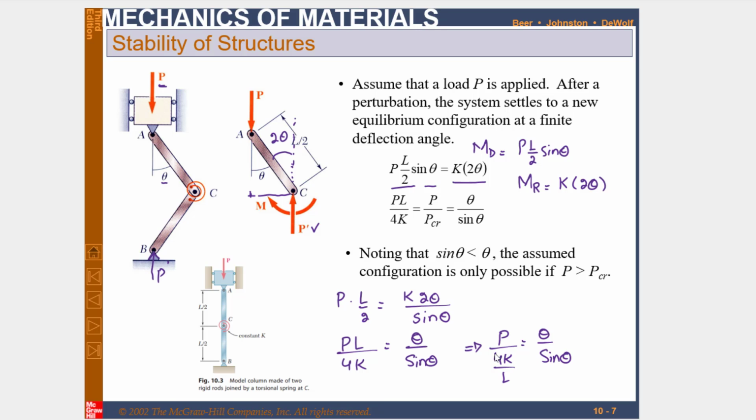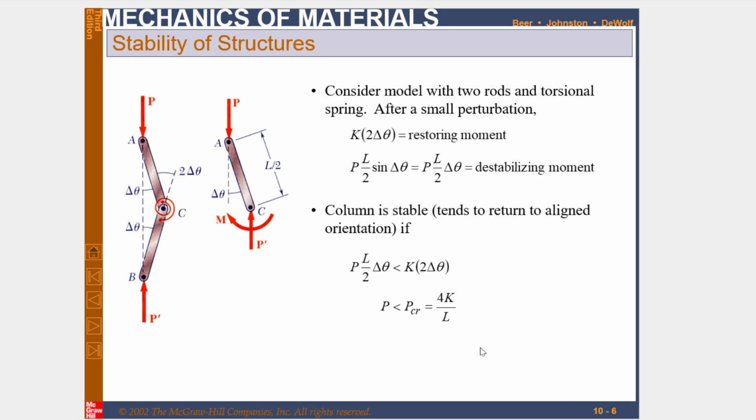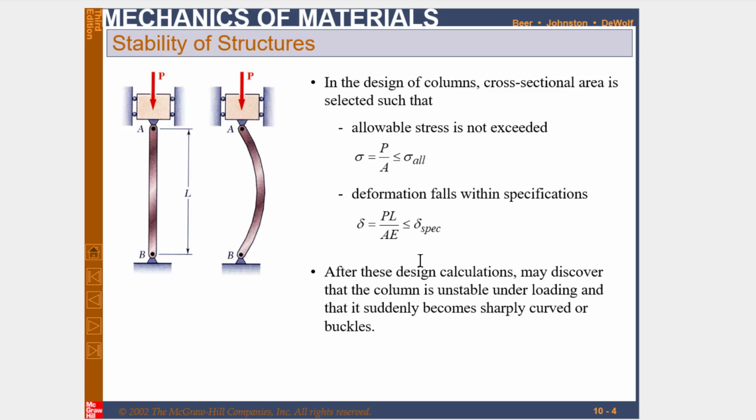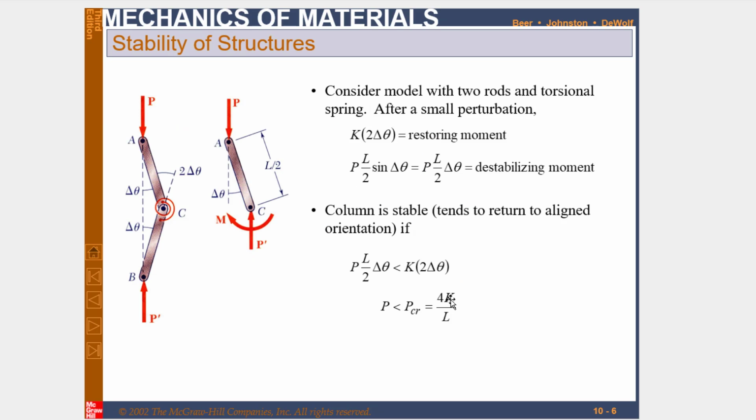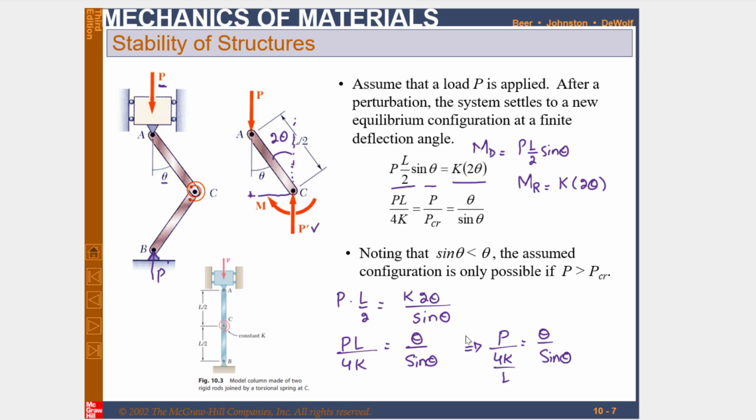Now you can see this term 4K over L that we discussed in our previous slide is P critical, equal to 4K over L. So instead of 4K over L, I can write P over P critical is equal to theta over sine theta.